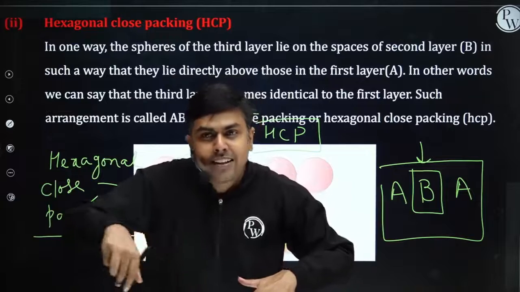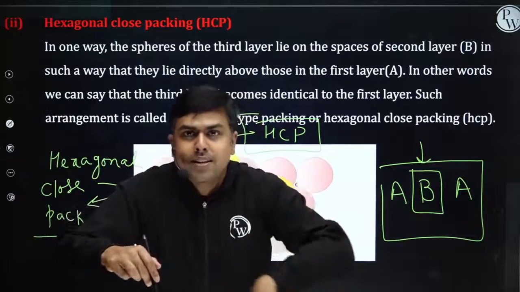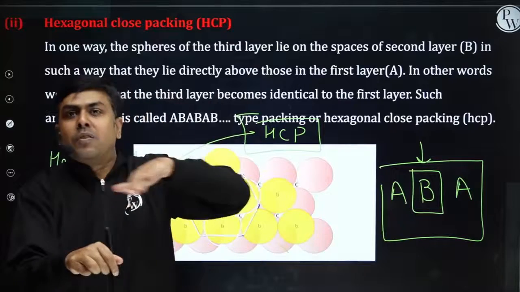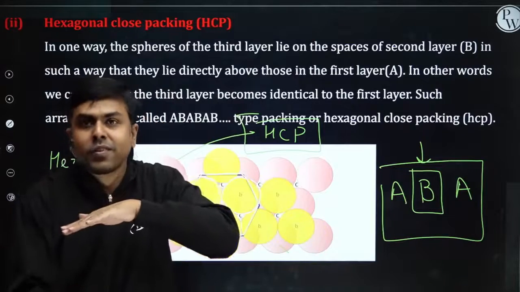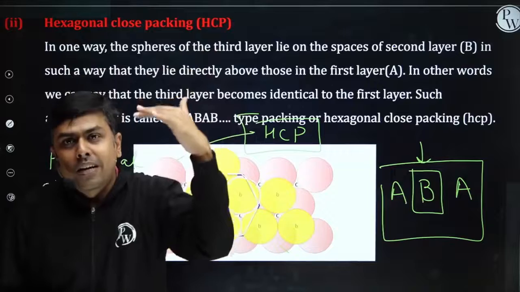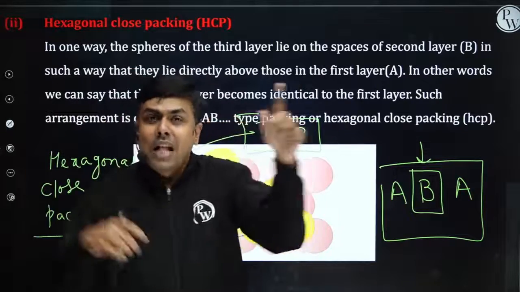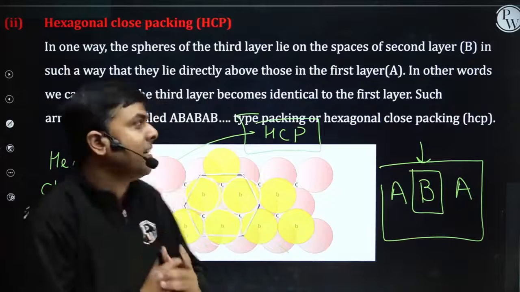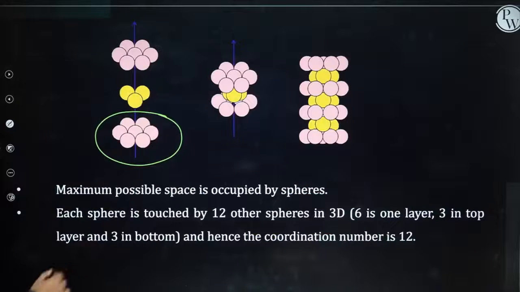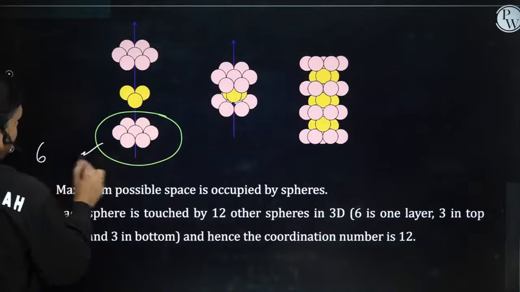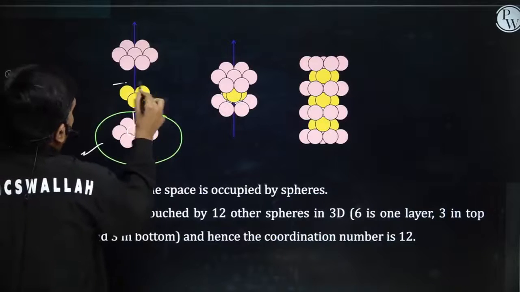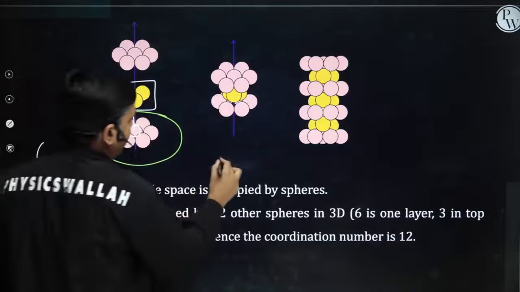So students, if I talk about this AB type of unit cell, we'll have 6 spheres, 1 sphere exactly at the center, surrounded by 6 spheres. Now at the central sphere, we'll have 3 spheres touching this central sphere, and in the third layer, once again, we'll have 6 spheres surrounding 1 central sphere. Exactly on the central sphere, all these 3 spheres will lie.